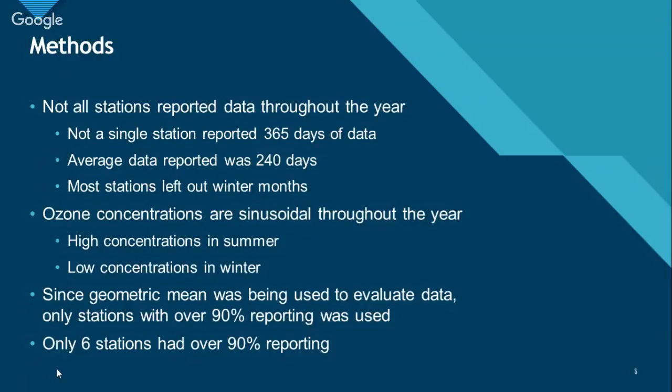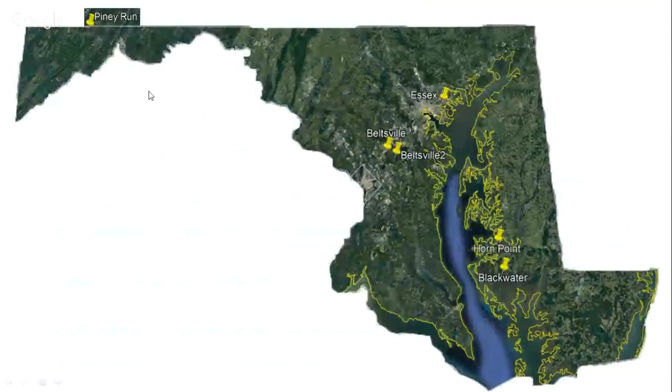So any station that didn't report data for more than 90% couldn't really be used, because the geometric mean wouldn't be realistic. That being said, there were only 6 reporting stations that had over a 90% reporting rate, and those stations are found on this map here.